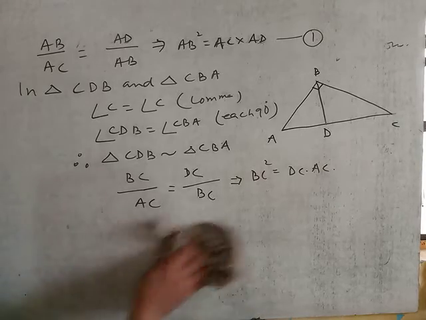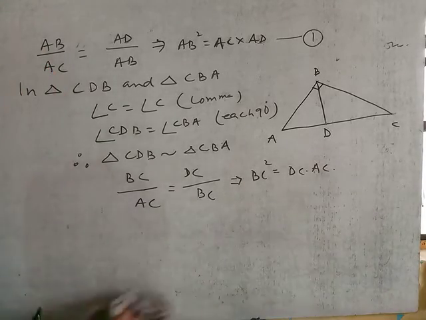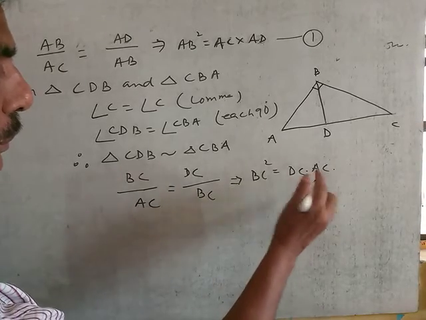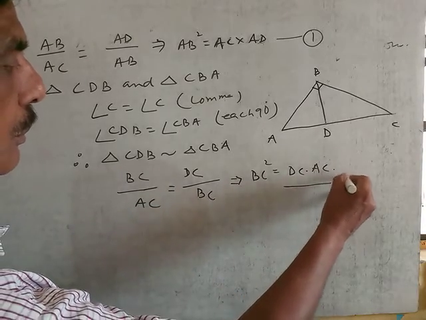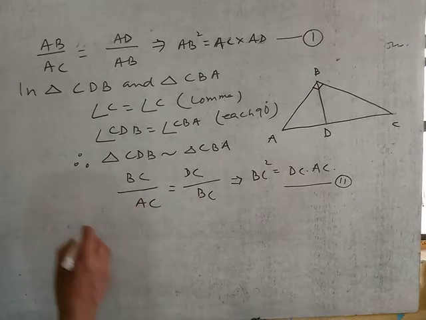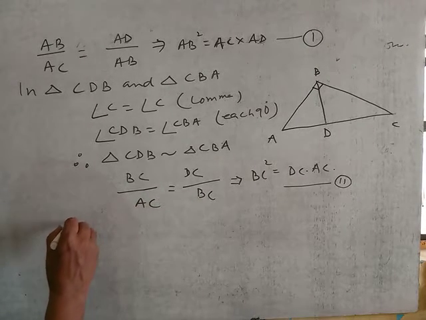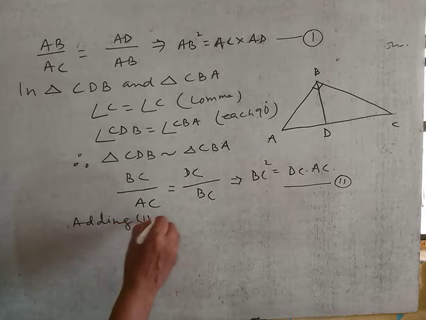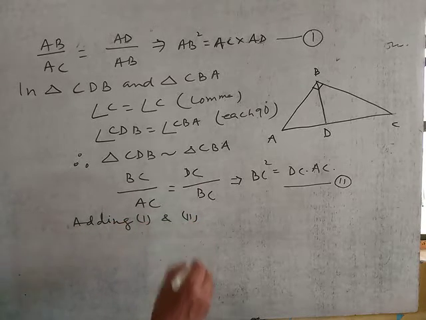Now let it be equation number 2. This is 2. So add up 1 and 2. This is 1, this is 2. Adding 1 and 2, what we get?